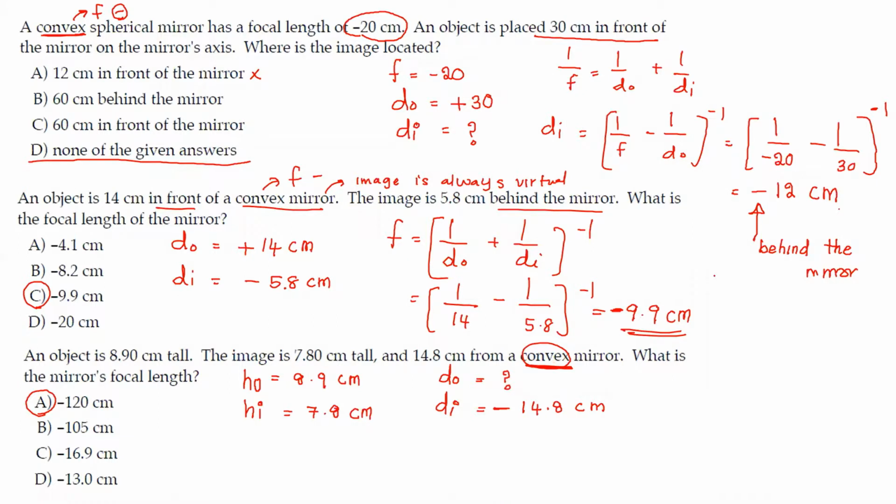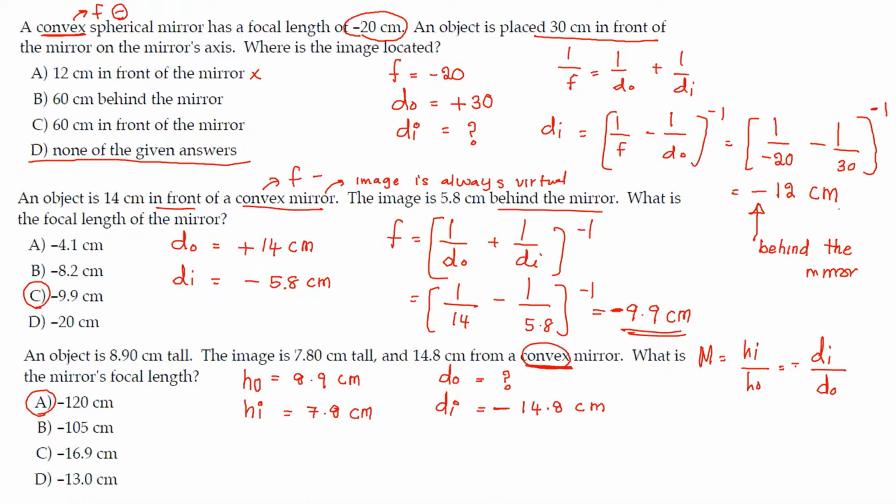So we can use the magnification equation to find D naught, right? We can just use it without signs, because even with signs we will get the correct answer, but even if we use it without signs, it is fine. So magnification is Hi divided by H naught equals DI divided by D naught, right? You have a negative sign here.